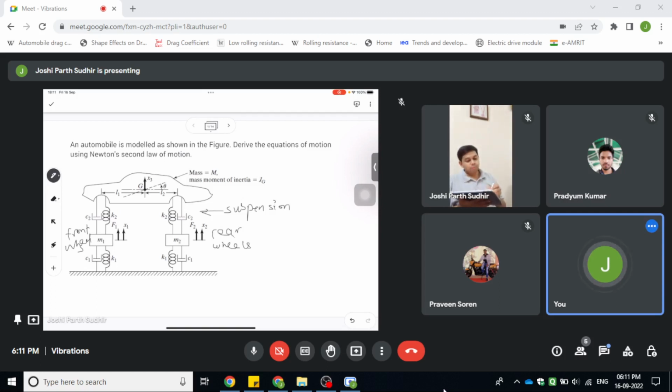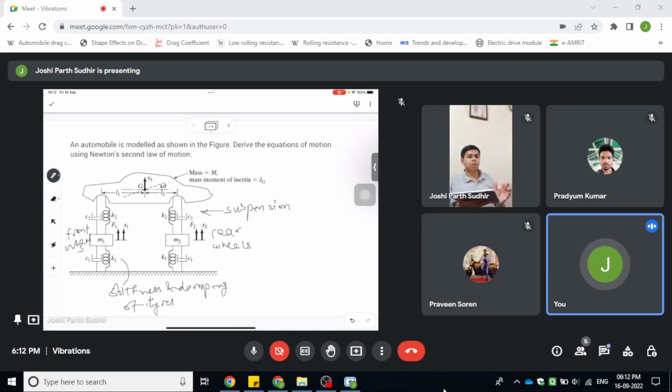And this spring K1 and C1, they represent basically the stiffness and damping of the tires. So this is the general system.